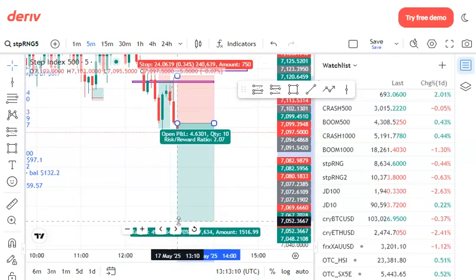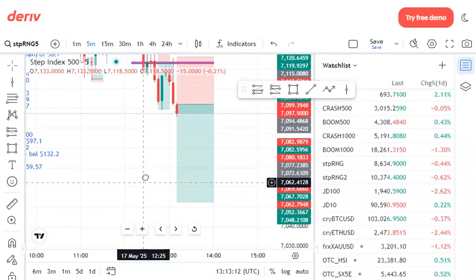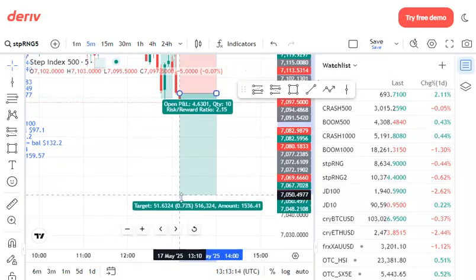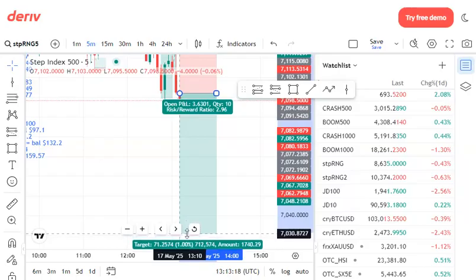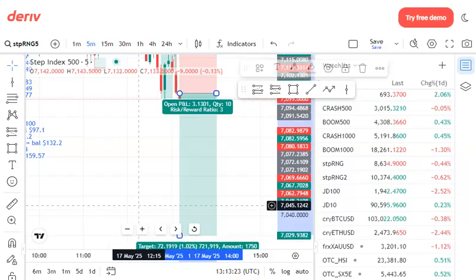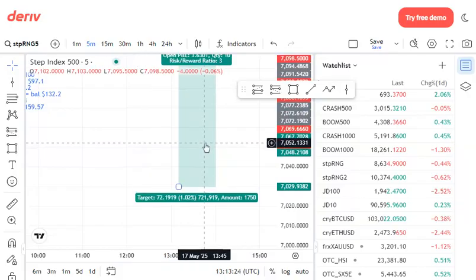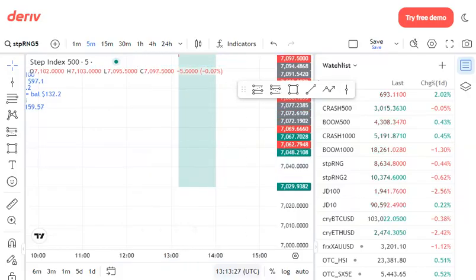Our risk to reward ratio: our risk is $24, and our profit on this one is $72.